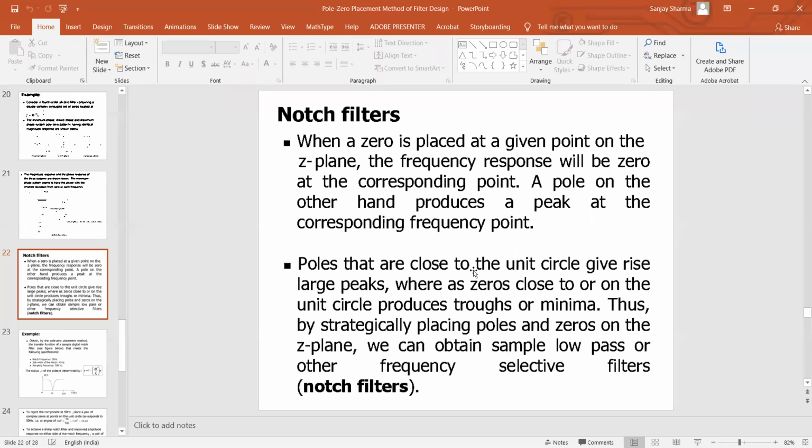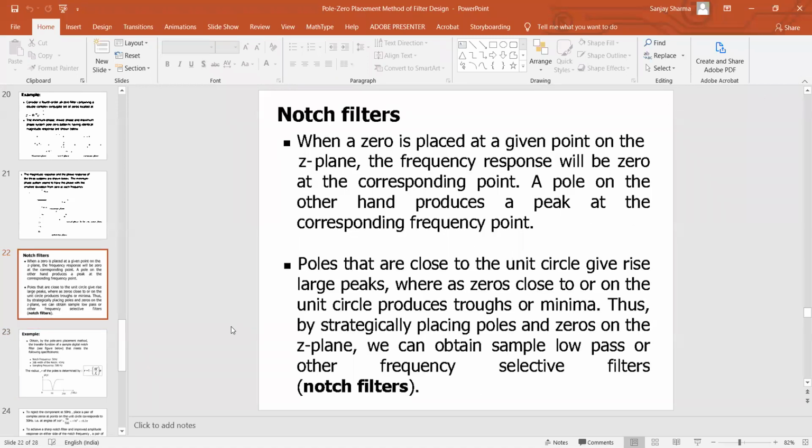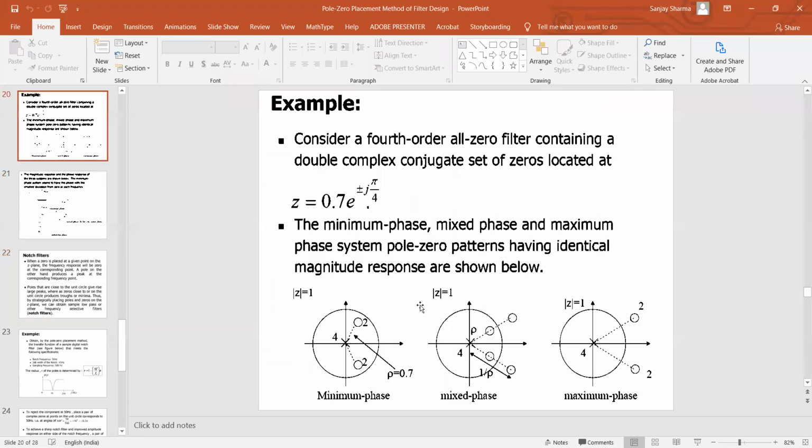Now, poles that are close to the unit circle, let us look at here. Okay, I will come to that part also, but let us see what is written. Poles that are close to the unit circle give rise to large peaks. That means, if I explain from this diagram, the poles inside the unit circle are either closer to the origin or away from the origin.